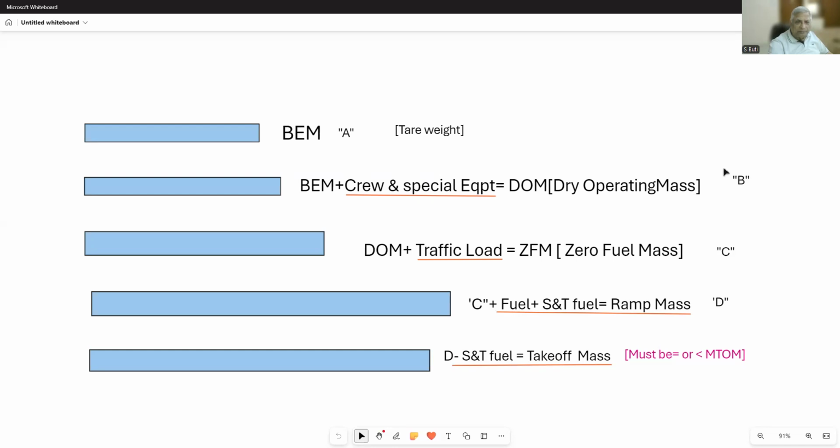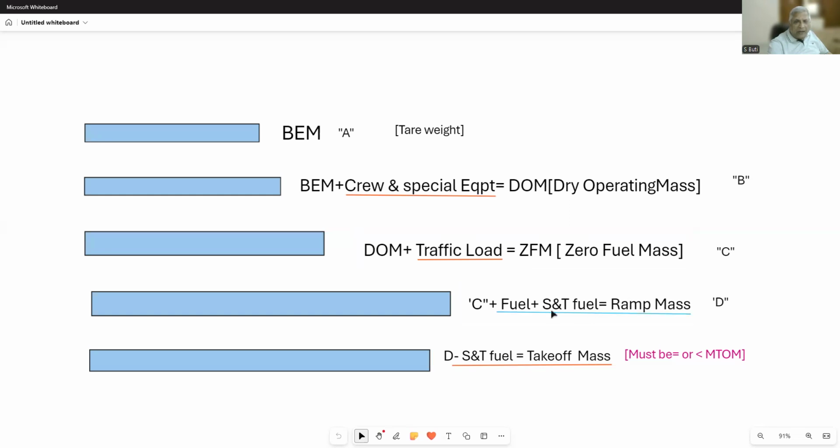Call it B. Now, if I add the traffic load to B, the dry operating mass, it is known as the zero fuel mass. Although traffic load is calculated in the end, let's say I have already calculated it. My aircraft is now ready but without the fuel. Call it C, the zero fuel mass, plus now I'll put in the fuel. I will add fuel for the flight, including reserves.